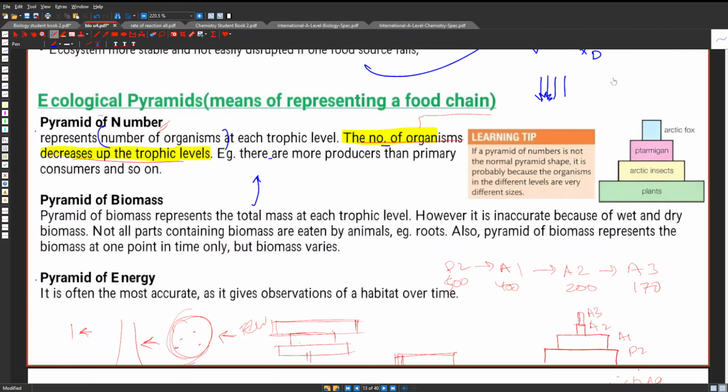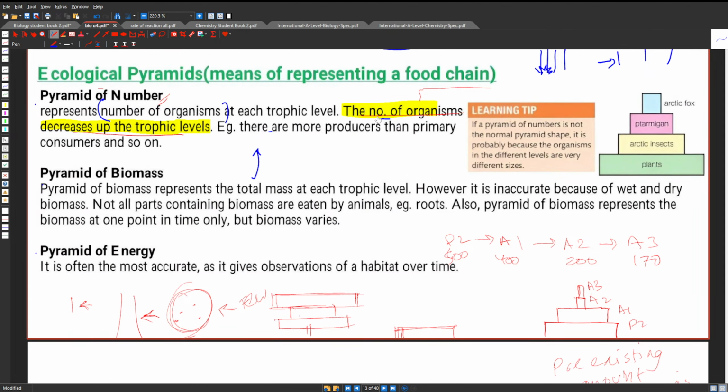So if there's an area with just trees and no bushes, there's obviously going to be fewer producers in that area. Okay. So that might be why your plant one is smaller than something in the middle, for example, because these ones might be bugs and birds which live inside your trees, and these are super small, so you can have loads of them. But trees are super big, so you can only have so many of them, right?